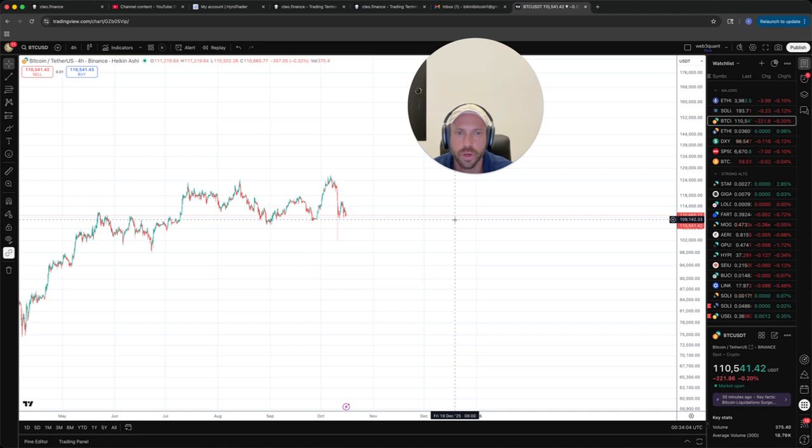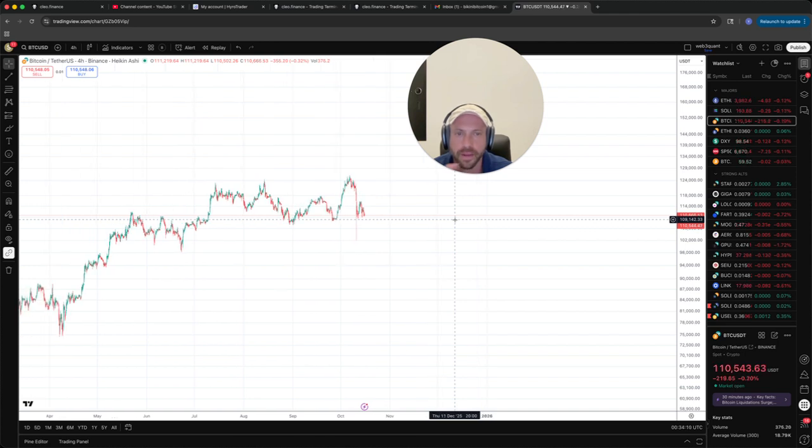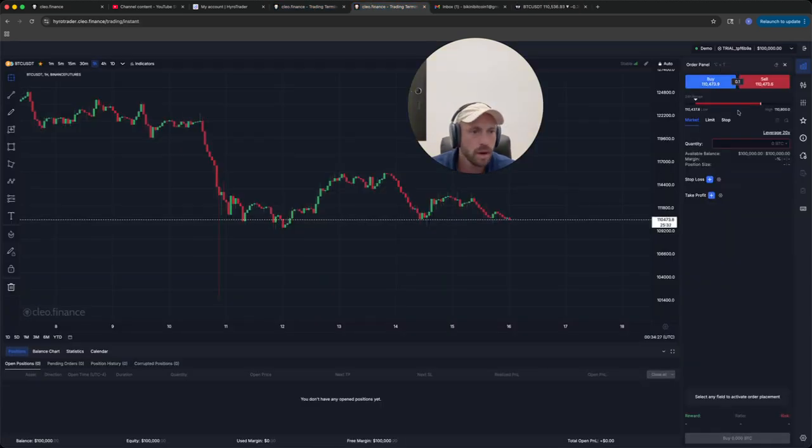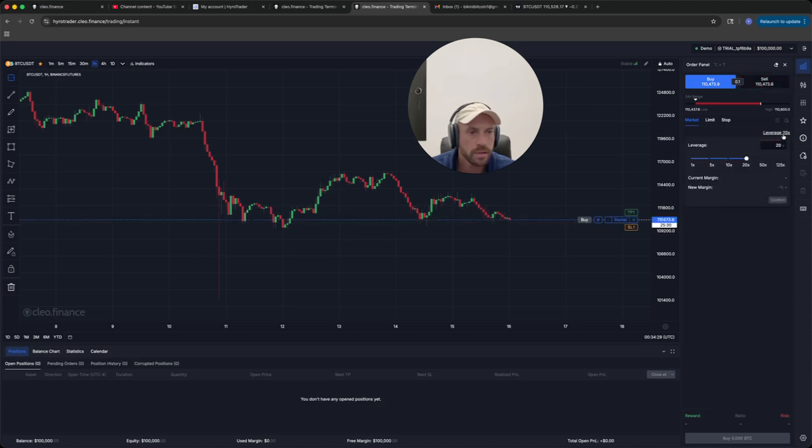It's a bullish quarter. October, November, December tend to be green, higher months for Bitcoin, and you're at the end of a 4-year cycle. So being bullish here for one last leg is not unreasonable. So let's put in a long. Now, we're not so sure of our thesis, so let's not go crazy with the leverage.